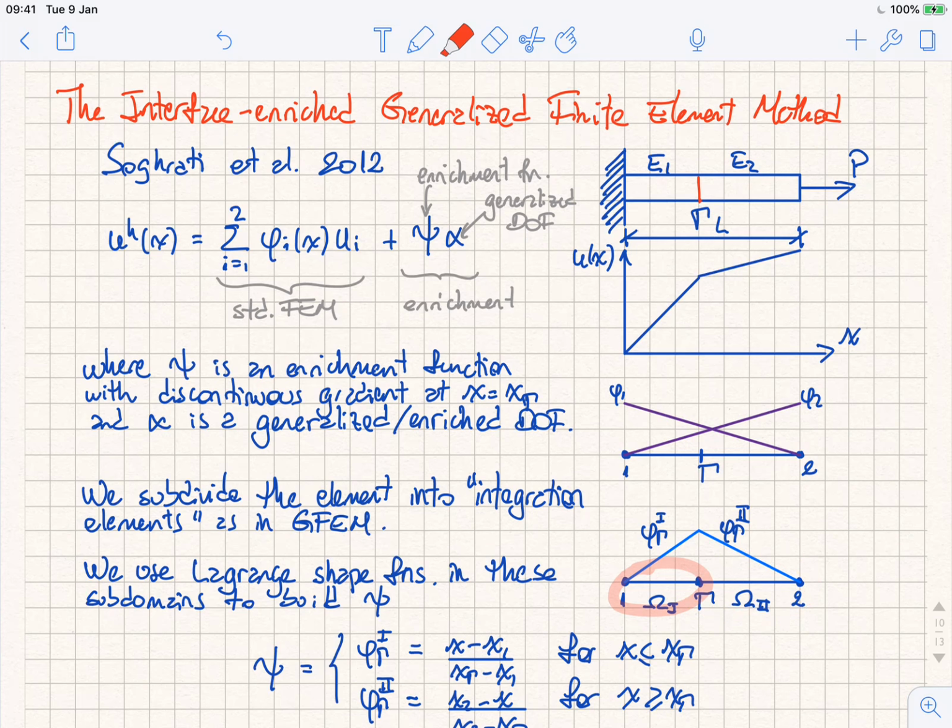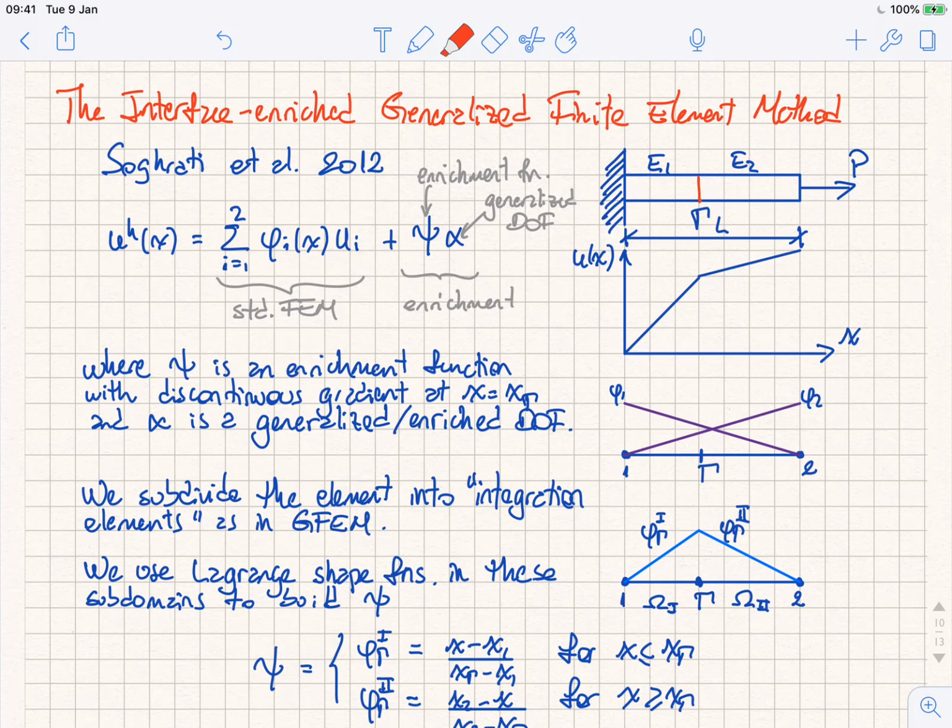So how is this different from just partitioning that original element into two elements, right? Well, the answer to that is that we do not touch the original partition of unity shape functions. We keep them in place, right? But we add something else. We add something extra. In the end, though, you obtain the same finite element space.